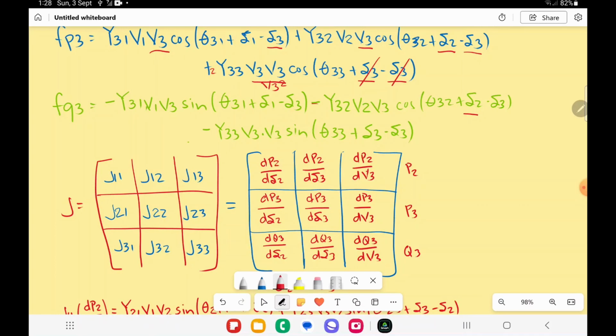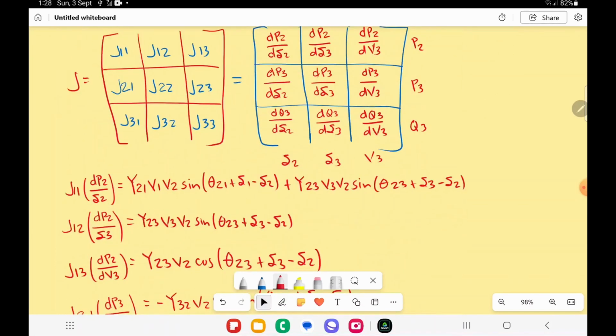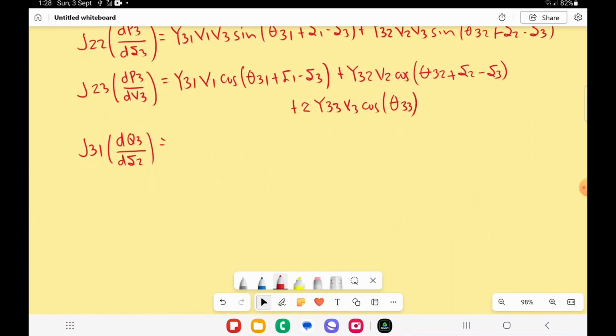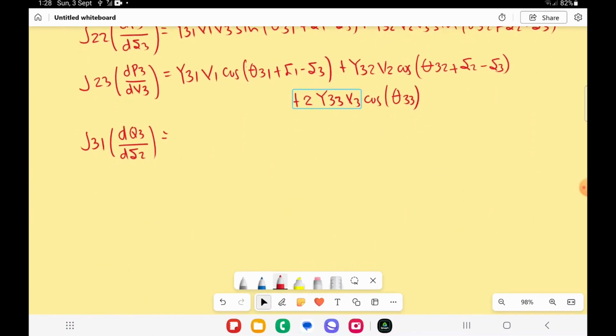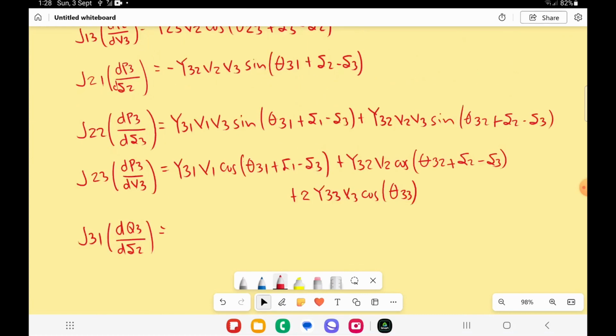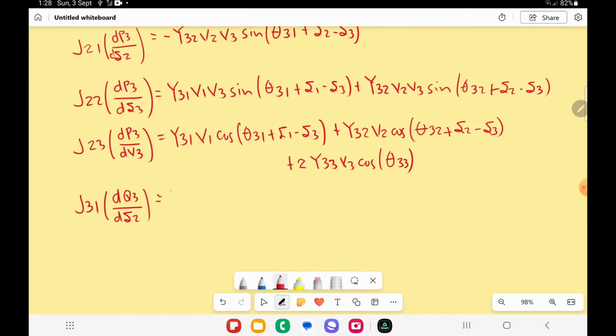So we have positive y32 b2 b3 cosine theta 32 plus delta 2 minus delta 3.